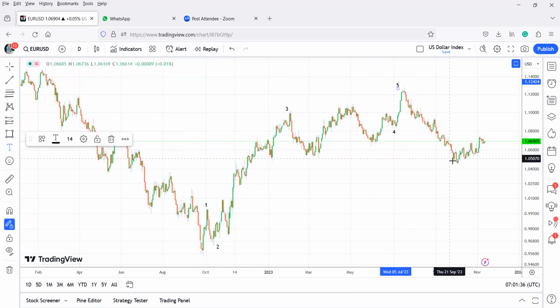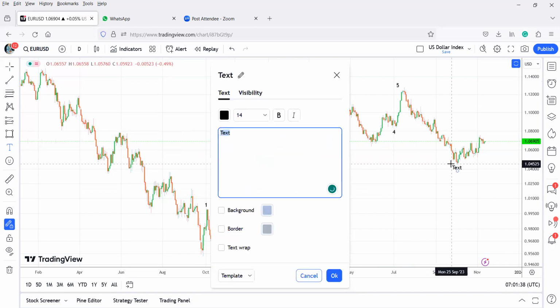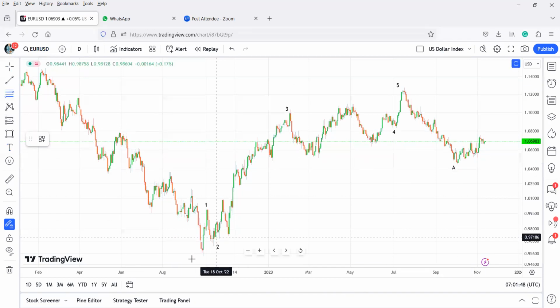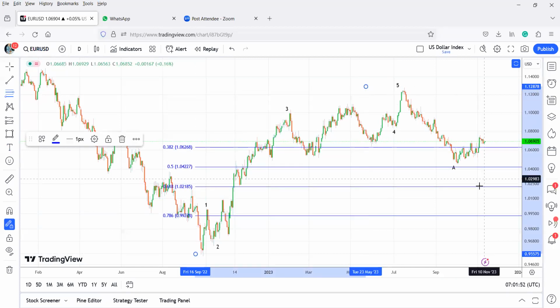So the 5 wave up followed by at least the first wave A. I think it looks like an impulse complete, so I'm labeling this as A. Either the corrective wave is complete or the corrective wave is going to go even lower towards 1.1. That's a long-term view, at least for the next several weeks to come.